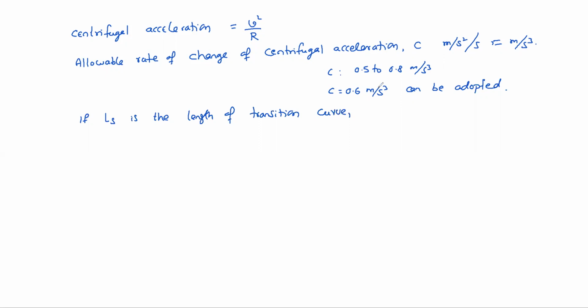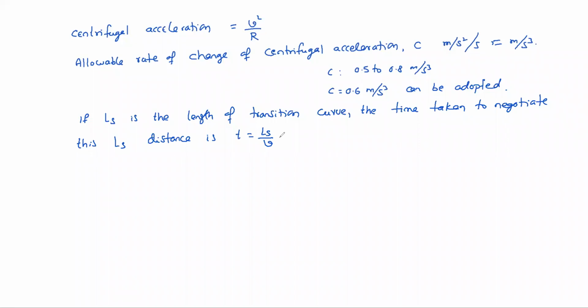The time taken to negotiate this LS distance is T equal to LS by V. You know this, okay? Length by velocity is time.